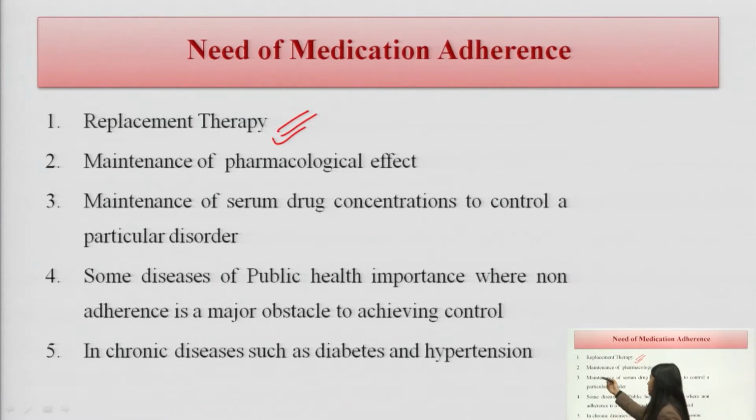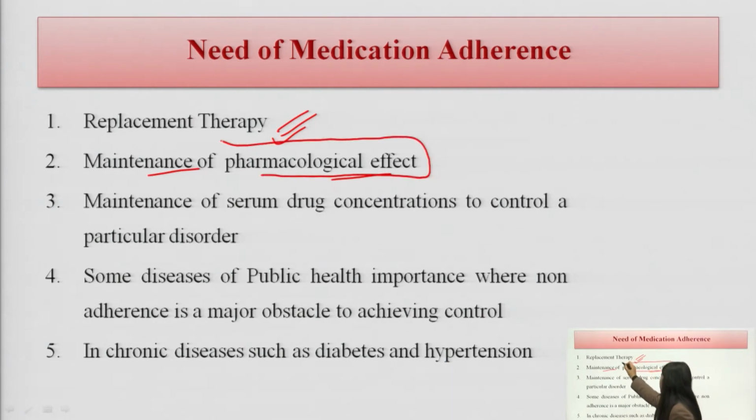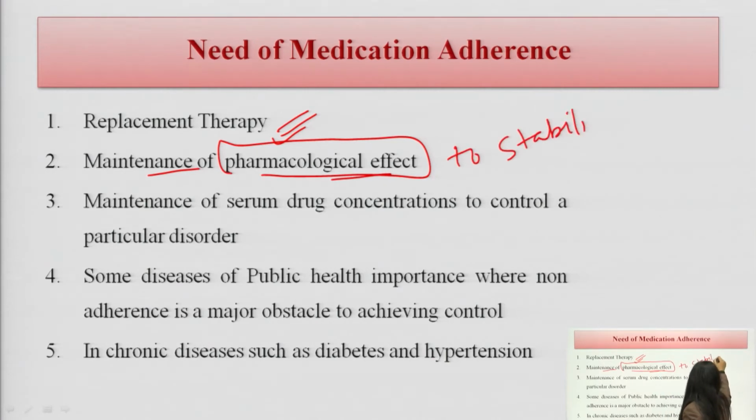Point number 2, maintenance of pharmacological effect. If a patient is suffering from hypertension or diabetes, we want to maintain the pharmacological effect, meaning to stabilize BP in the condition of hypertension and to maintain or stabilize the blood glucose level in the condition of diabetes.